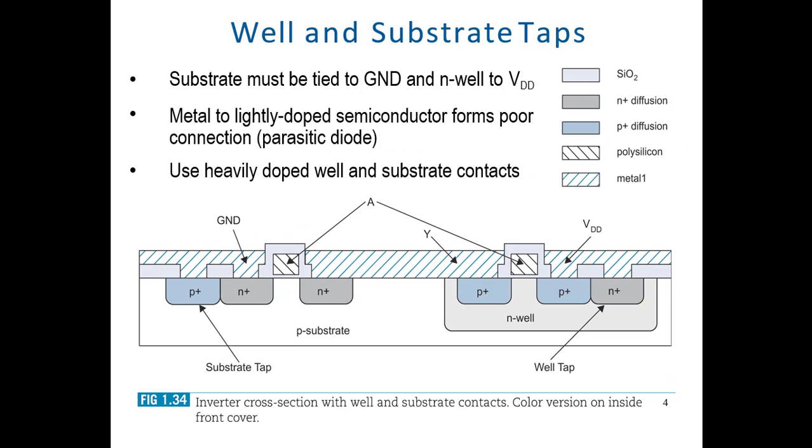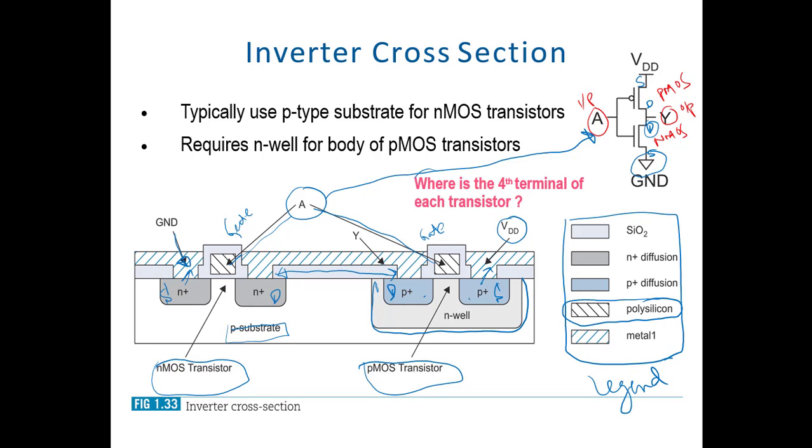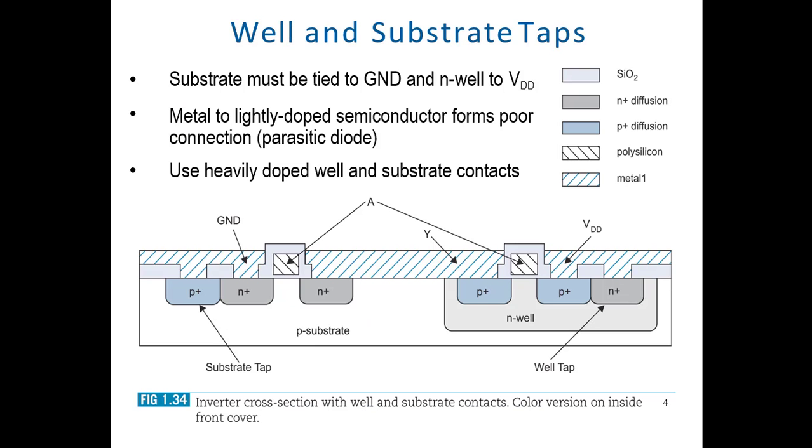There was a question about where the fourth terminal of the transistor is. Normally we just say this is the source, this is the drain, and this is the gate. But actually there is another terminal called the body terminal.